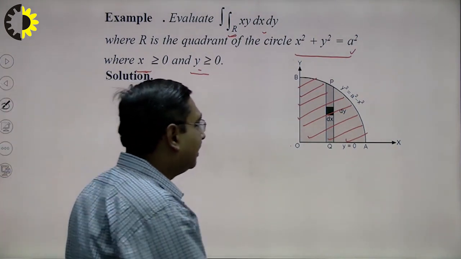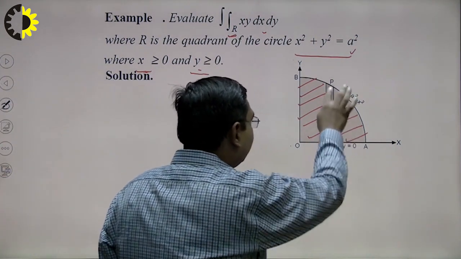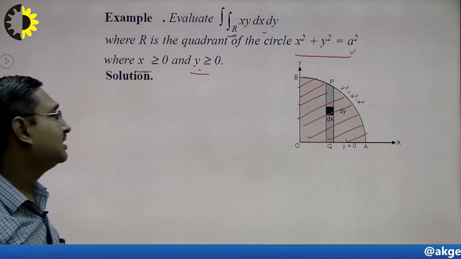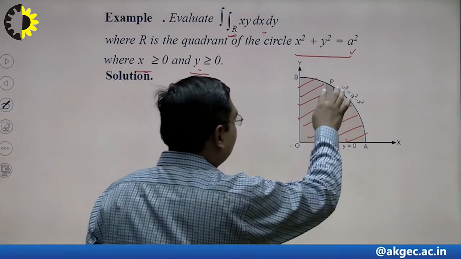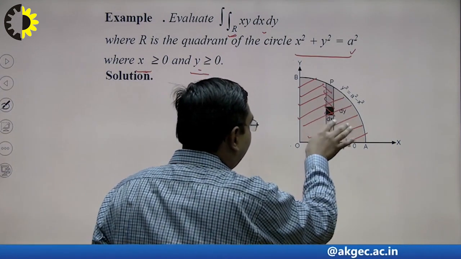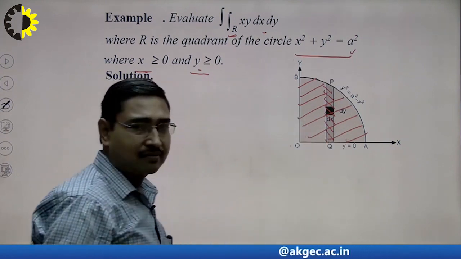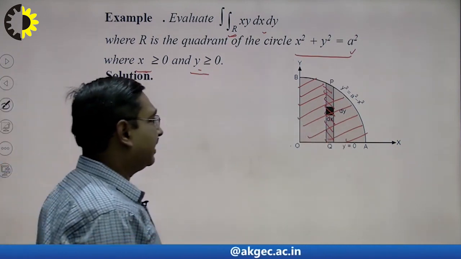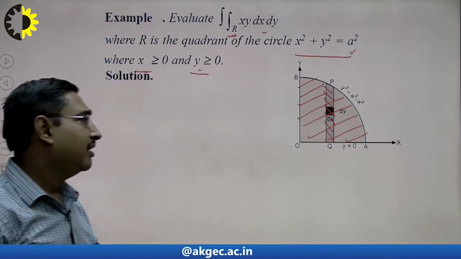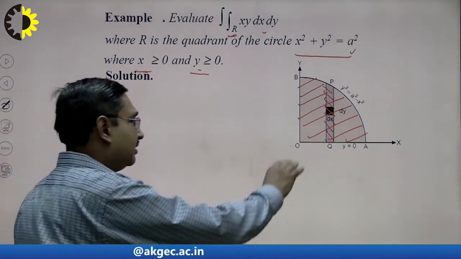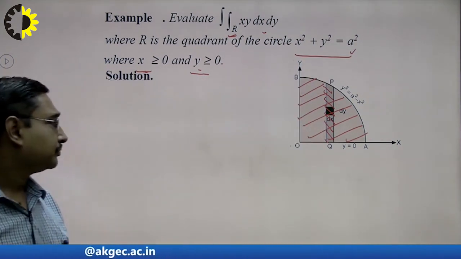As we have seen, we shall divide this region into vertical strips or vertical slices. This is an elementary slice. We shall first find limits of y with the help of this vertical slice.